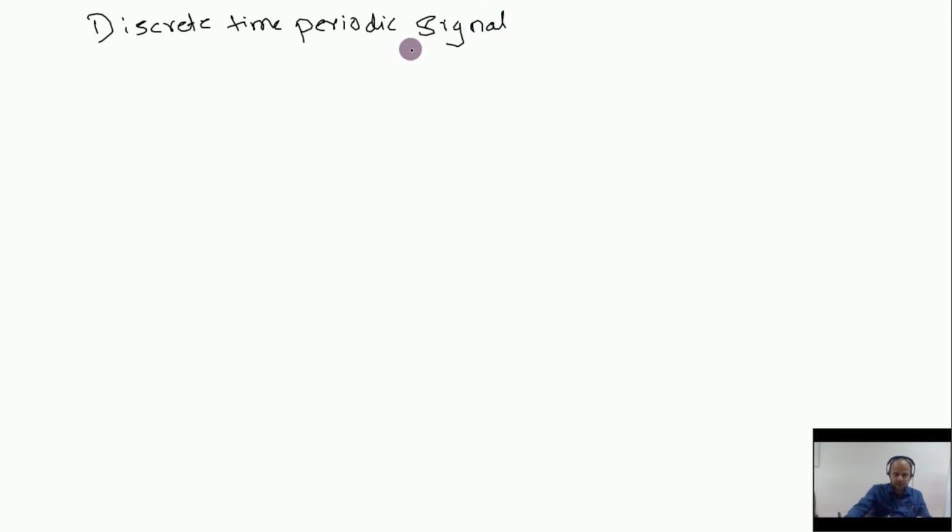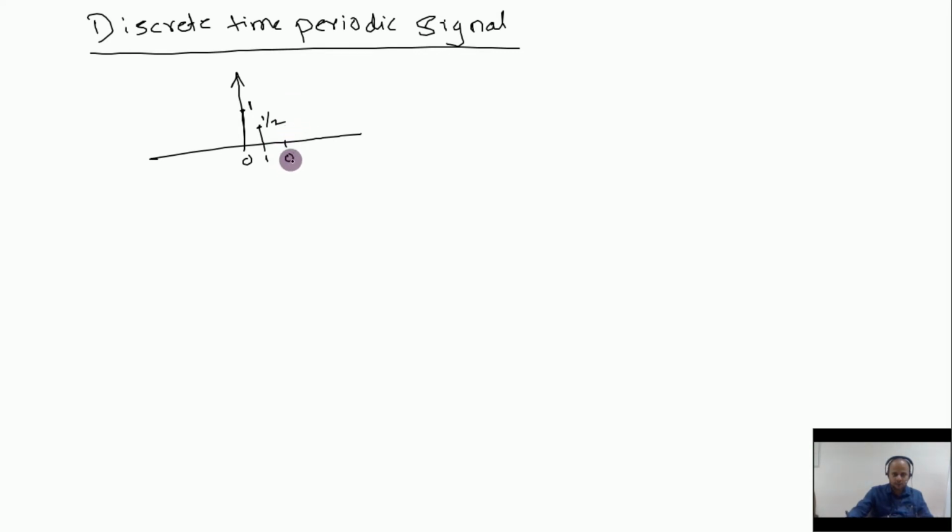For example, I have a discrete time signal like this: at 1 it is half, at 2 it is 0, then 3, 4, 5, and at 3 again it copies from 0.